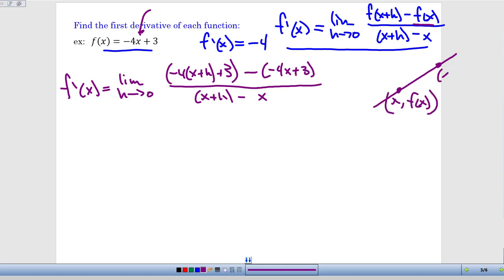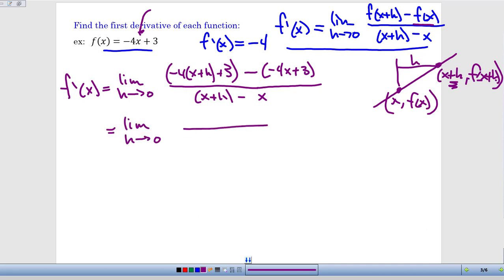One is at x plus h, f of x plus h. And we're trying to find the slope of the line that goes through those 2 points, but we're eventually narrowing down our gap between the 2 points, this horizontal distance between the 2 points h, we're narrowing it down to 0. So that's what this statement is saying. We're finding the slope of the line, but we're going to shrink the gap between the 2 points down to nothing.